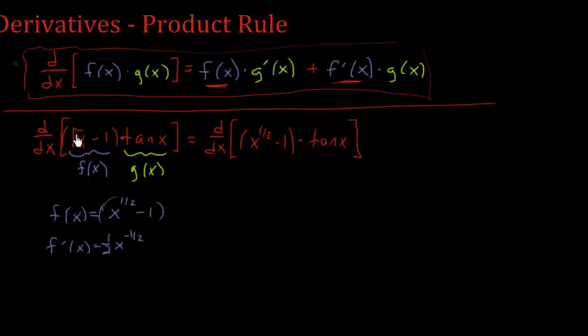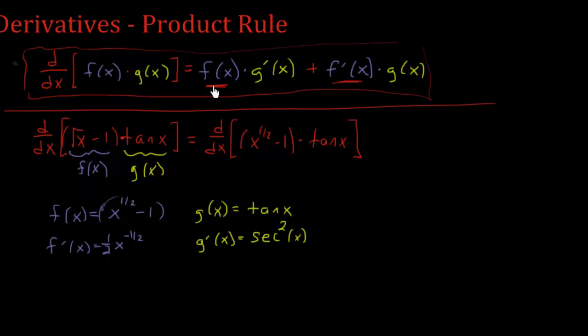Let's go ahead and work on g. g of x is going to be tangent. You may not know the derivative of tangent yet. You will pretty soon, or you can watch the video on derivatives of trig functions. But the derivative of tangent is secant squared x. All right, let's write out the product rule.